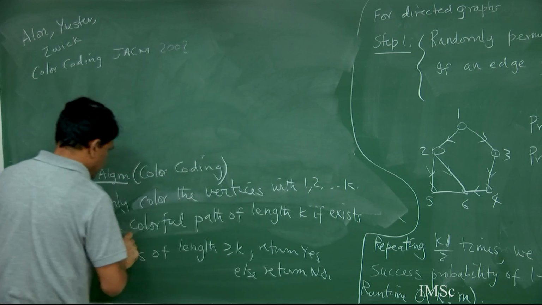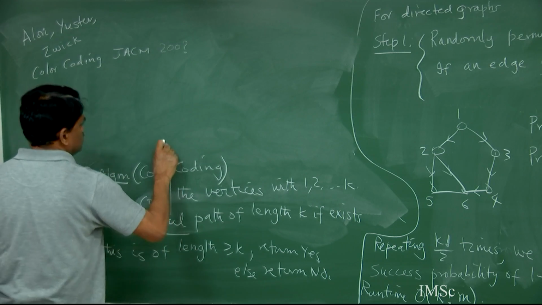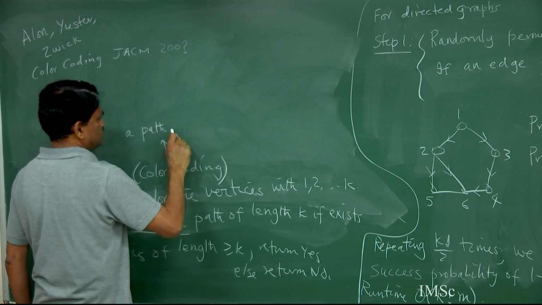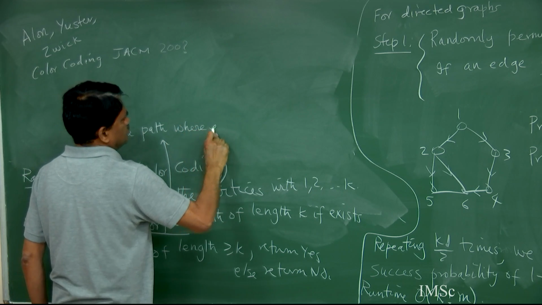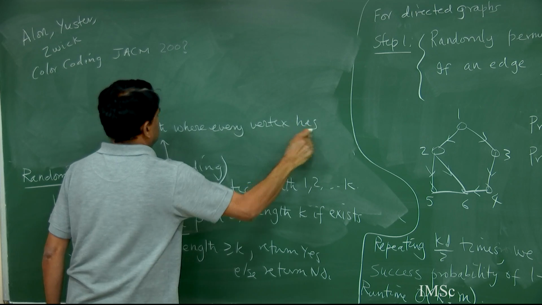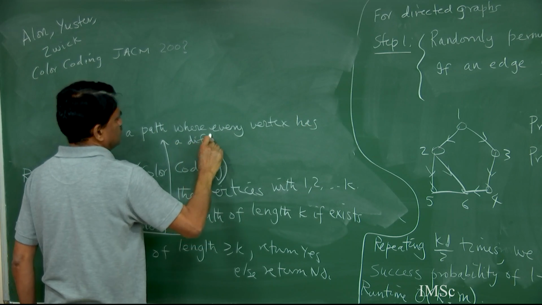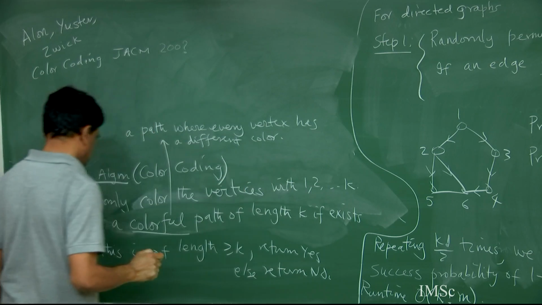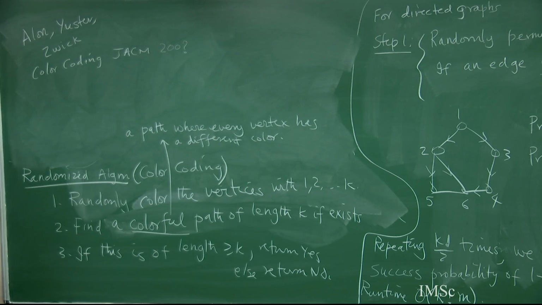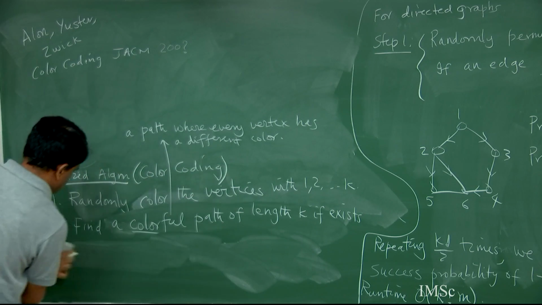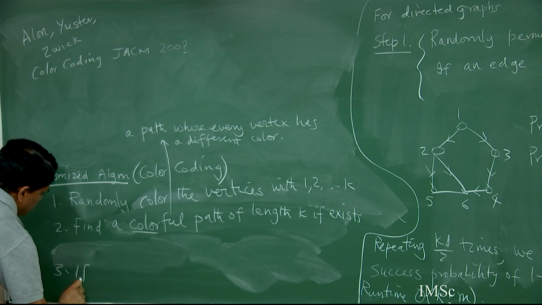So, what is a colorful path? I am going to say if found, return yes.